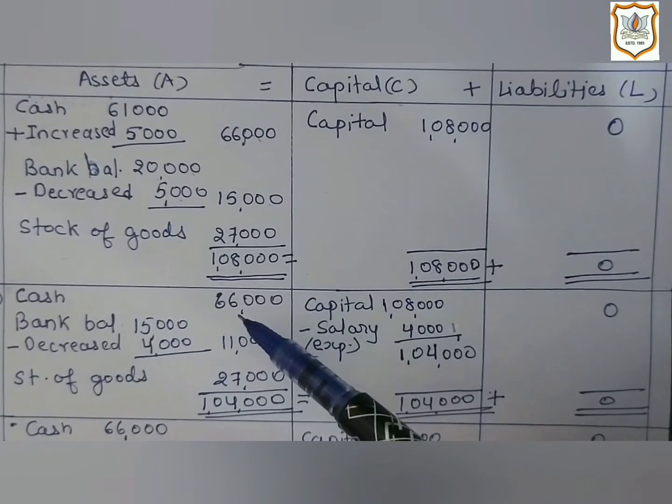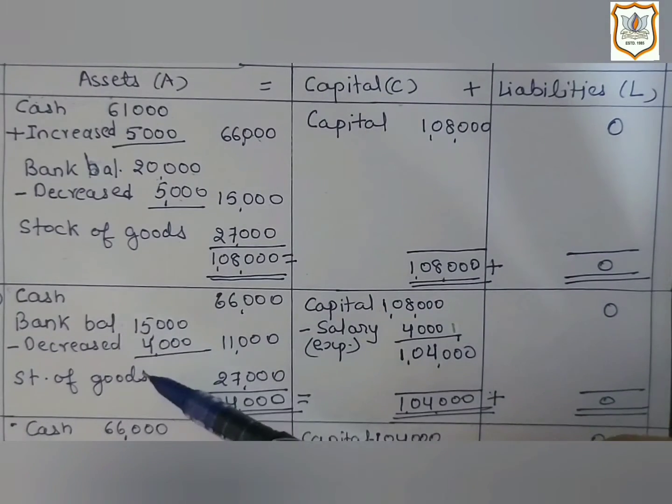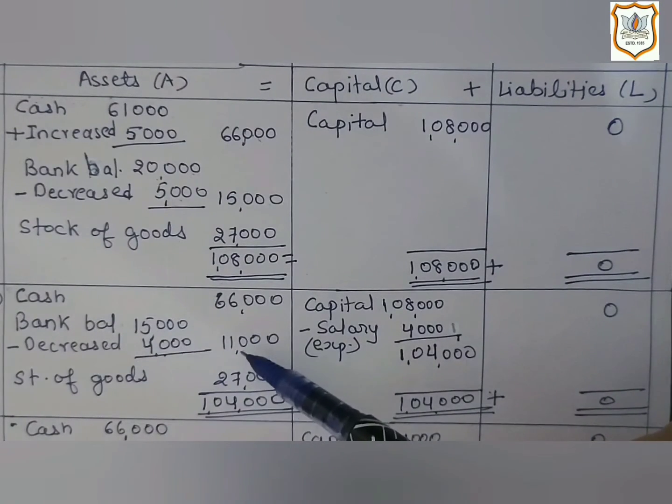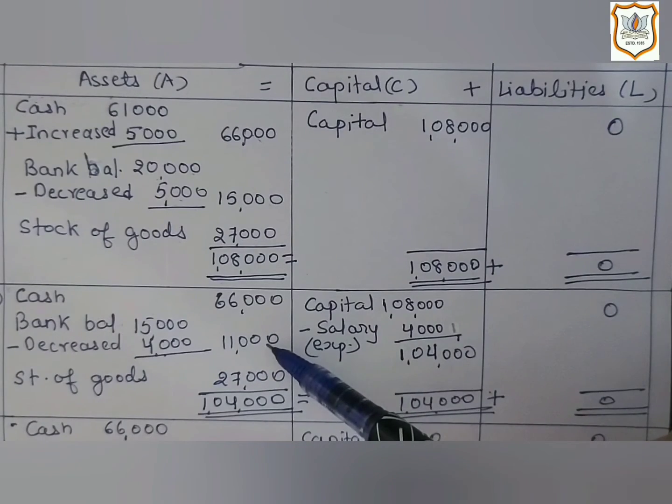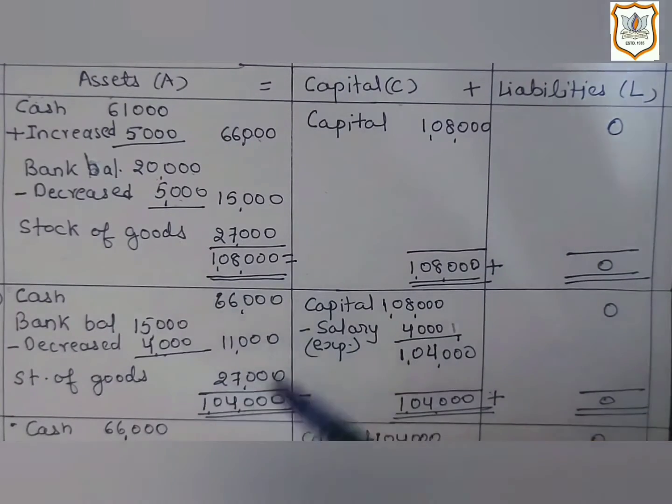Then our bank balance is reducing since we are paying by check, by rupees 4,000. So now our bank balance would be 11,000. Stock of goods would remain the same at 27,000. Now the total of the asset is rupees 1,04,000.